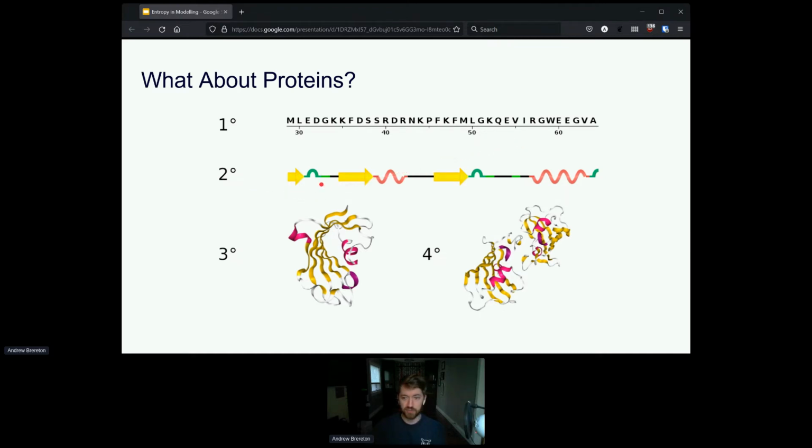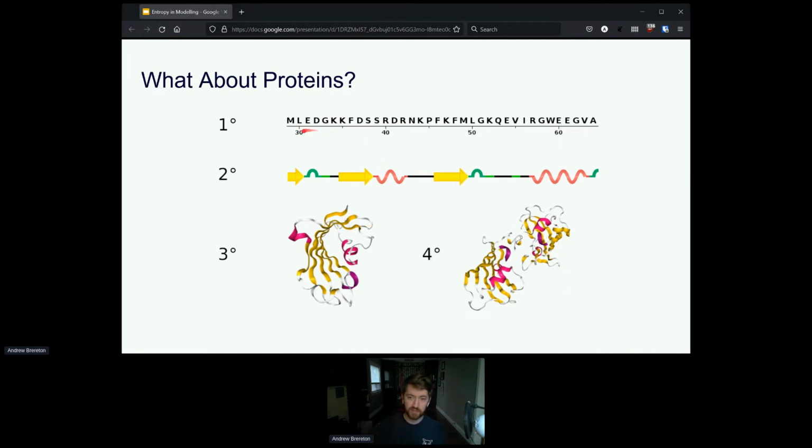The secondary structure refers to whether these amino acids in the backbone form a helix or a beta strand or a turn. The tertiary structure is at least one of the folded 3D conformations that this protein can adopt. And quaternary is really just referring to how this protein structure interacts with other protein structures.